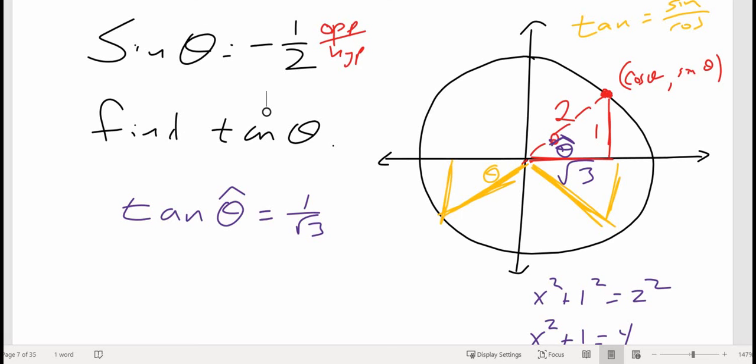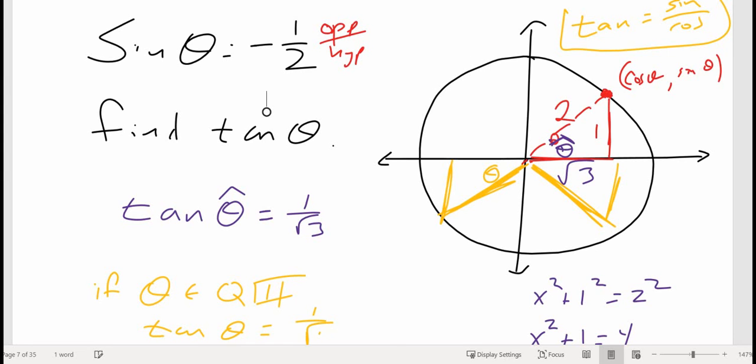X coordinate, y coordinate, right? Well, negative divided by negative is positive. So if theta is in quadrant 3, tangent of theta is a positive 1 over square root of 3.